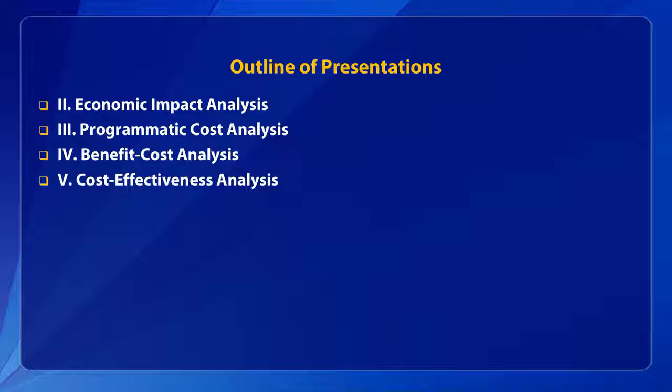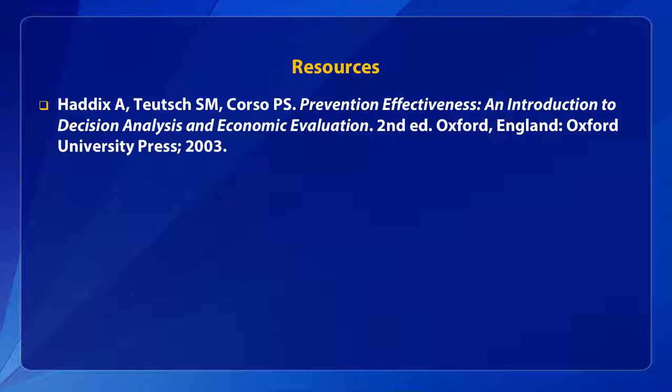This concludes the first presentation, Introduction to Economic Evaluation. The remaining presentations will highlight each of the 4 types of economic evaluation: economic impact, programmatic cost, benefit cost, and cost effectiveness. More information and additional resources on economic evaluation are available from the textbook Prevention Effectiveness, a guide to decision analysis and economic evaluation.